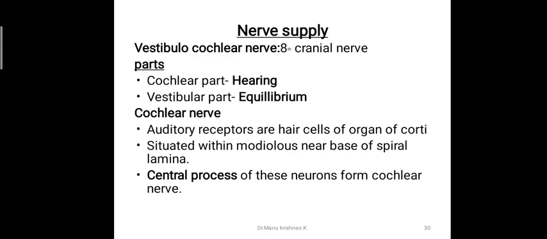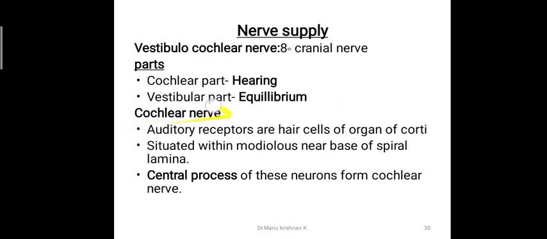And the nerve supply, as it is a sense organ, is by the 8th cranial nerve, the vestibulocochlear nerve. As the name suggests, it is composed of two parts, a cochlear part which helps in hearing and a vestibular part which helps in the equilibrium.